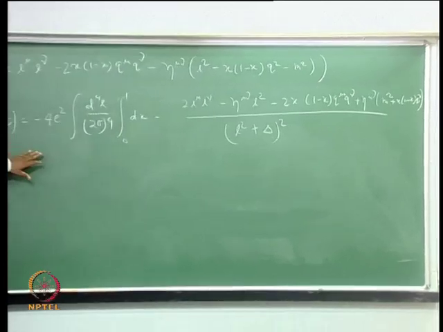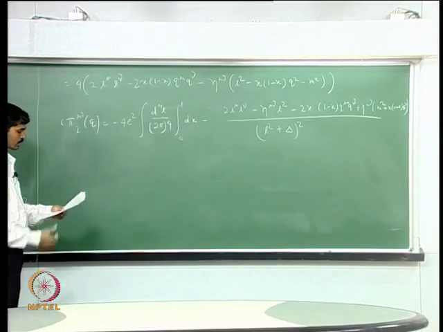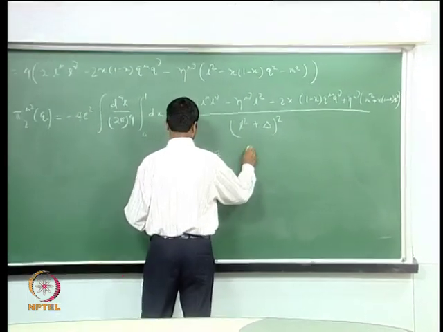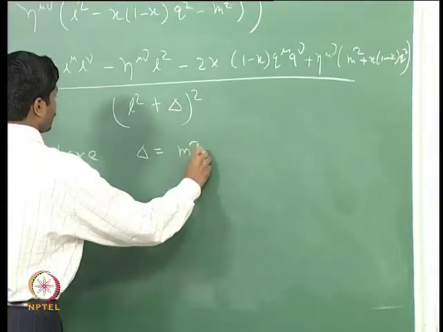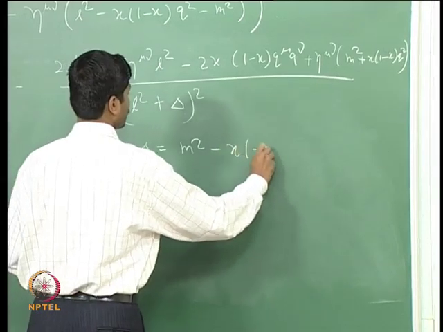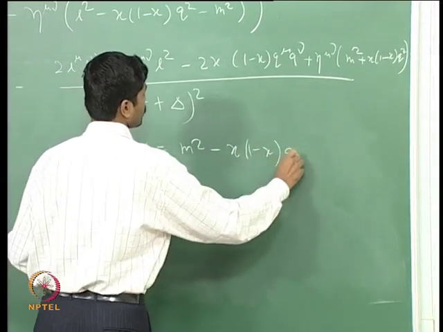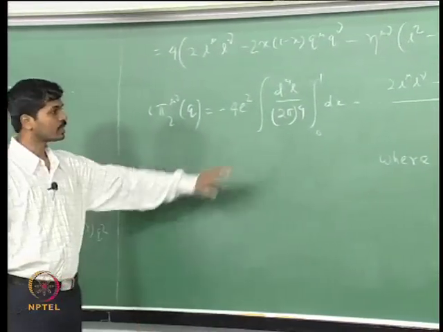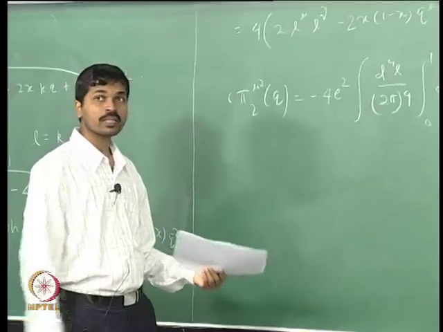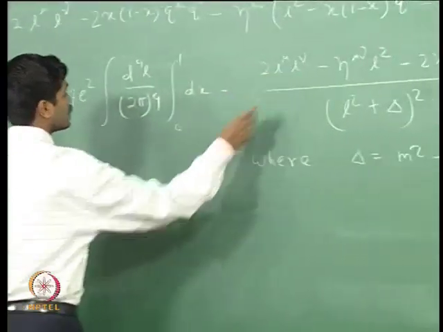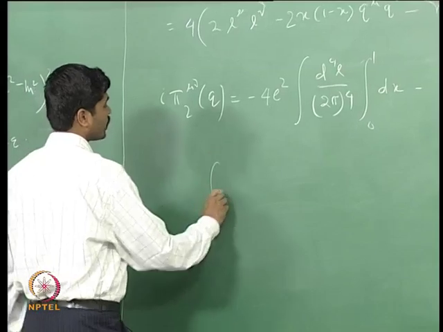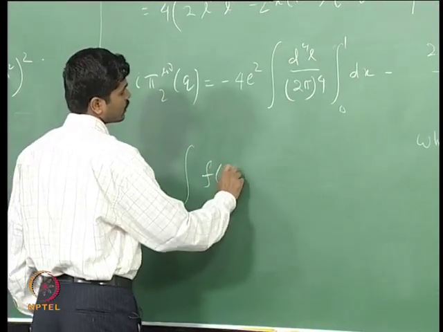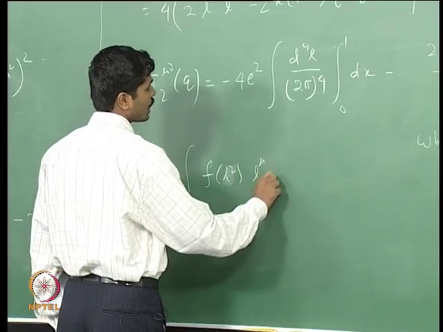We need to evaluate this integration here, where delta is given by m square minus x into 1 minus x q square. This is what we will evaluate. We can further simplify this term here. Remember, suppose you have some function f of L square times L mu L nu.